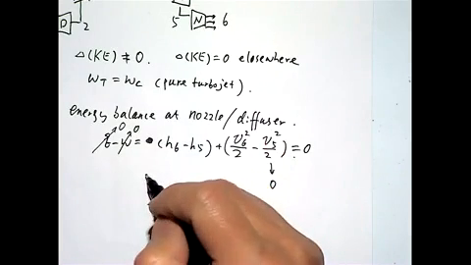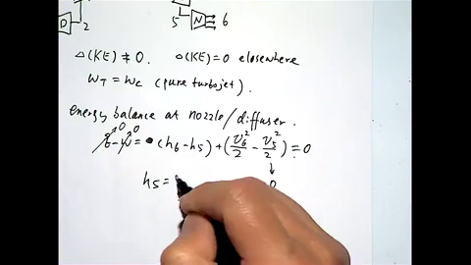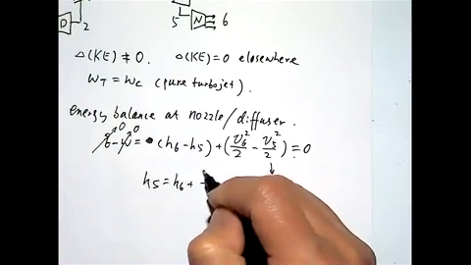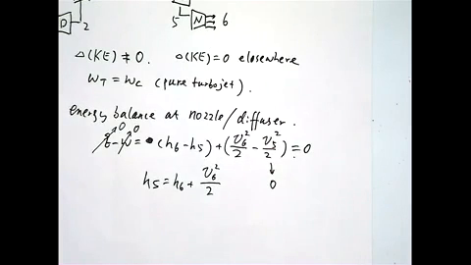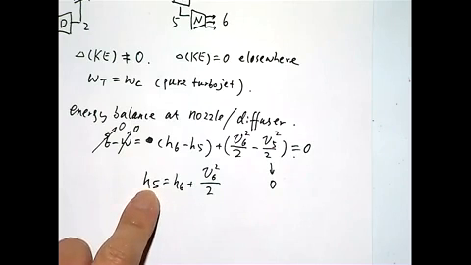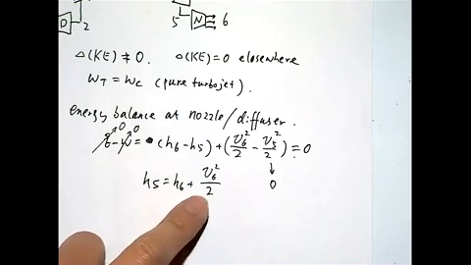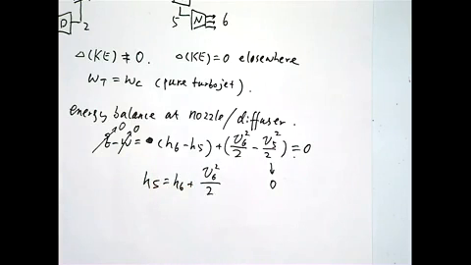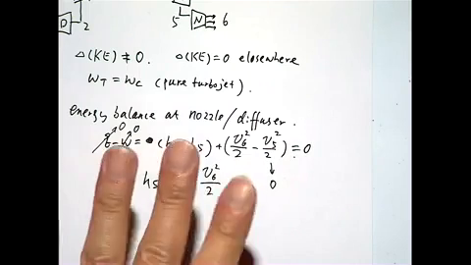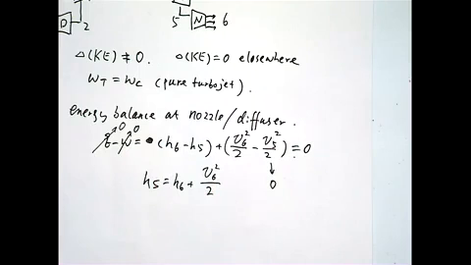Then you can find H5 equals H6 plus the kinetic energy term at the nozzle exit. So across the nozzle, the enthalpy is converted to kinetic energy, with some leftover enthalpy in the process. That's something you want to be aware of. A nozzle is a device to convert enthalpy to kinetic energy.